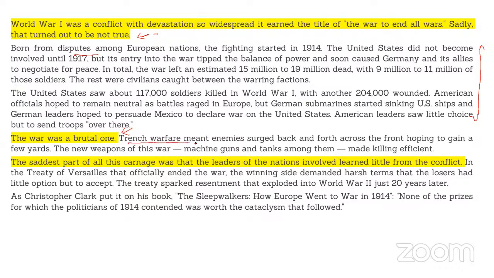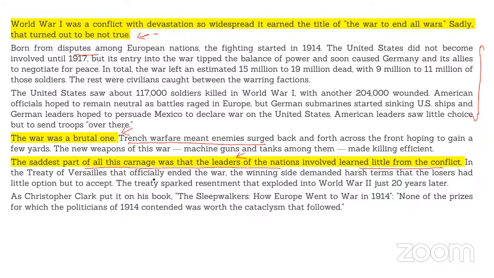And then he has given how the war was fought. And then the saddest part of all this carnage was that leaders of the nations involved learned little from the conflict. That was the saddest part. That is again his opinion, because it is debatable whether this was the saddest part. But then he started off that way, that it turned out to be not true. He is giving his reason here for why it turned out to be not true.